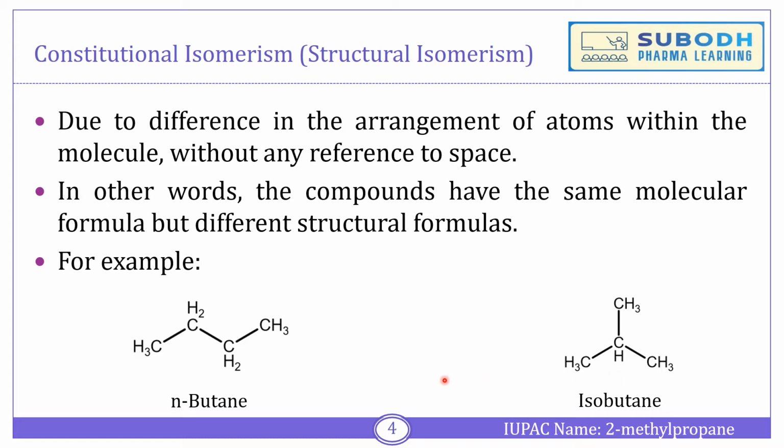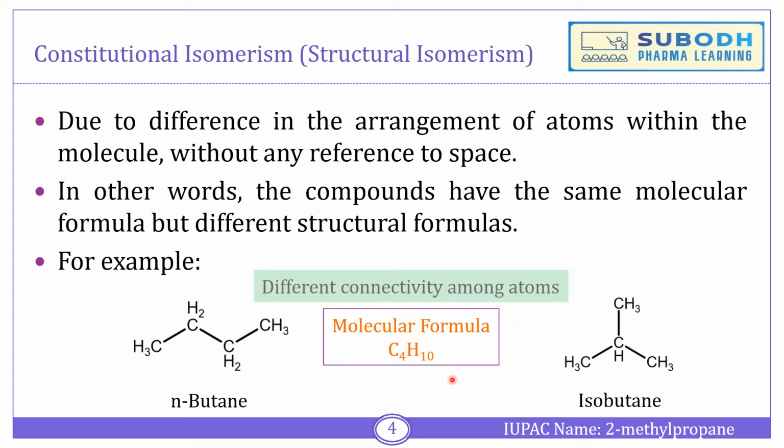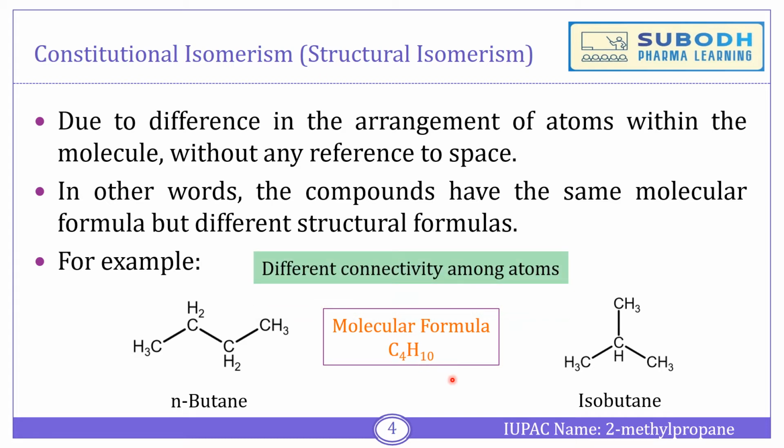These two structures have the same molecular formula, that is C4H10, but different connectivity amongst the atoms. So n-butane and isobutane are called structural isomers and the phenomenon is known as structural isomerism.